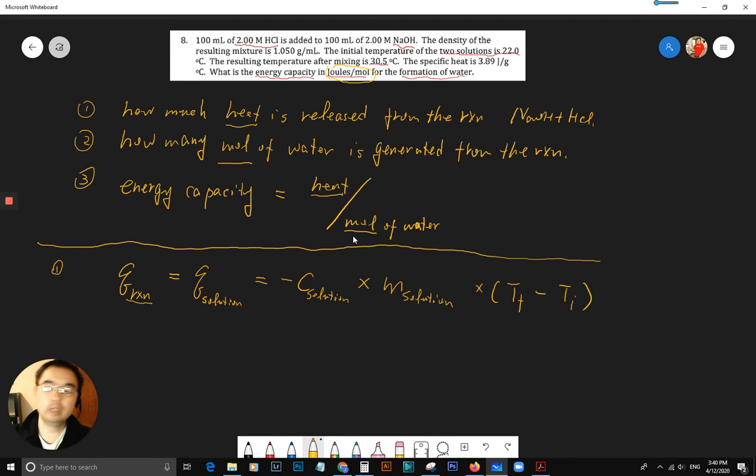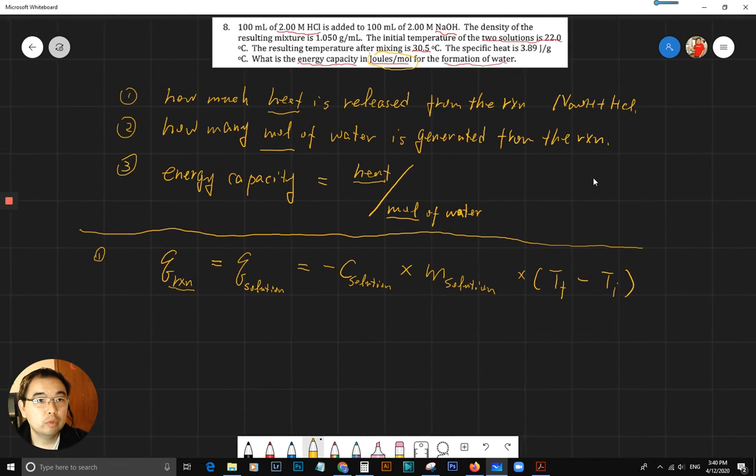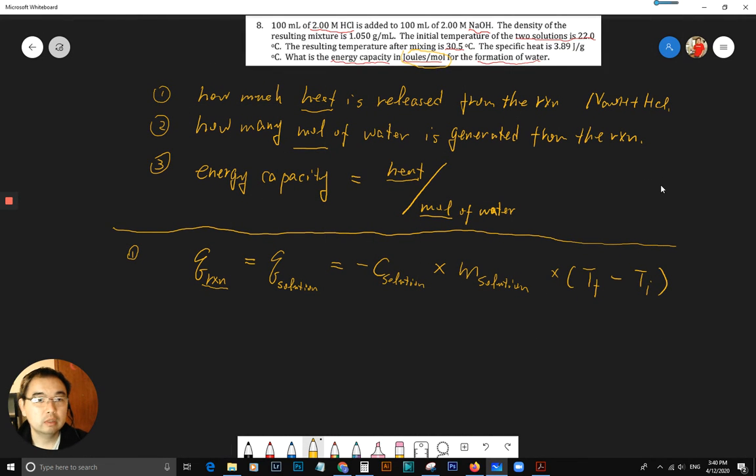Before doing this equation, we can list the parameters on the side. We have the specific heat of the solution, which is already given in the question: 3.89 joules per gram per Celsius.